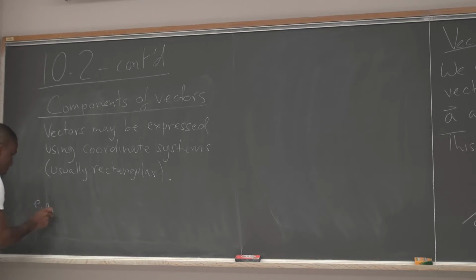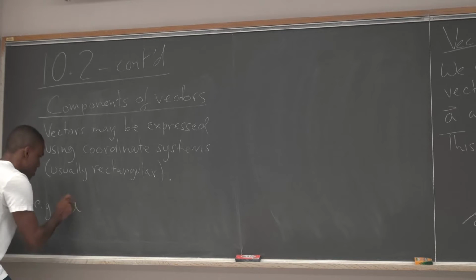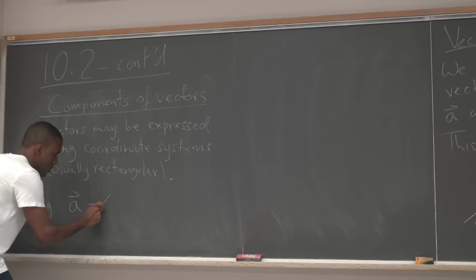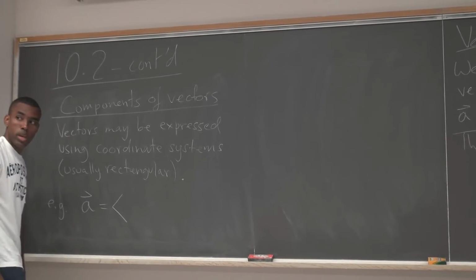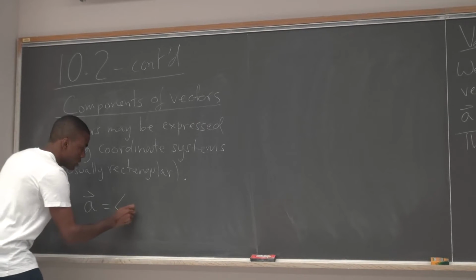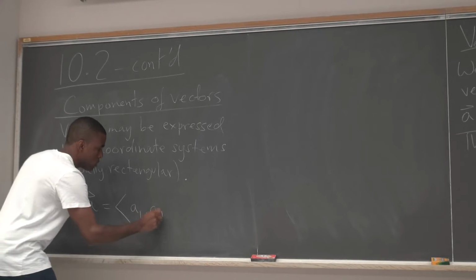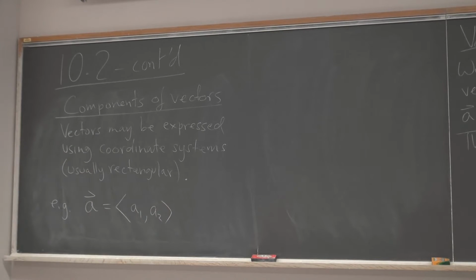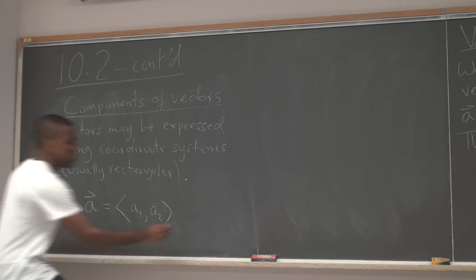For example, it looks sort of like a point, like you'd write down a coordinate, but you can distinguish it as a vector by a certain notation. So for example, I can write A equals, with those sharp-edged brackets, A1 comma A2. So this is a 2D vector.